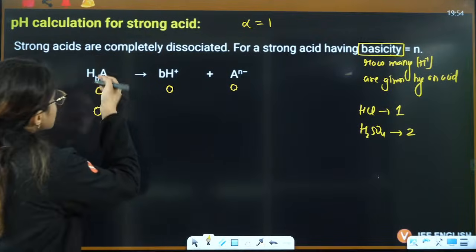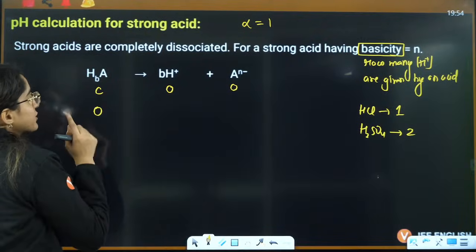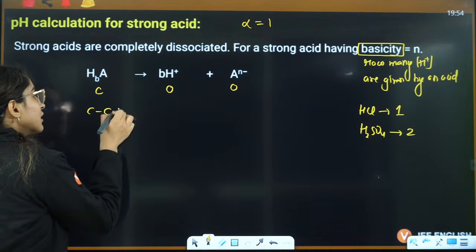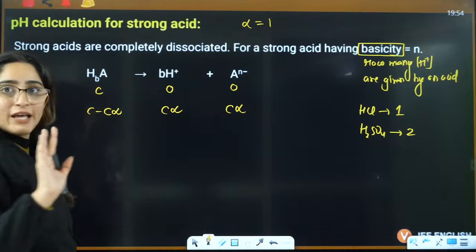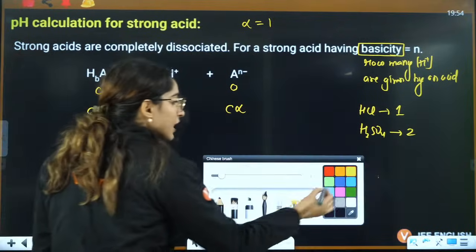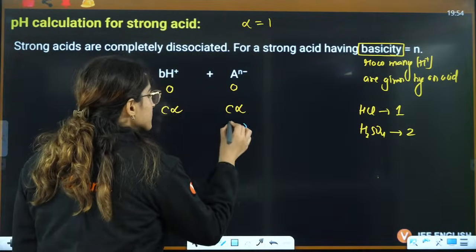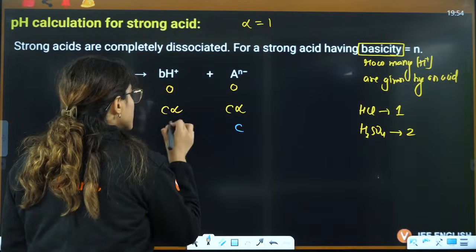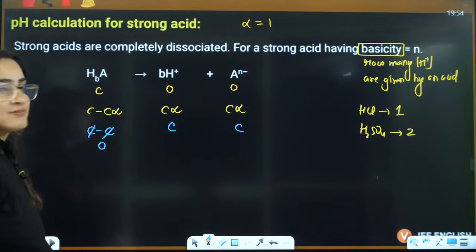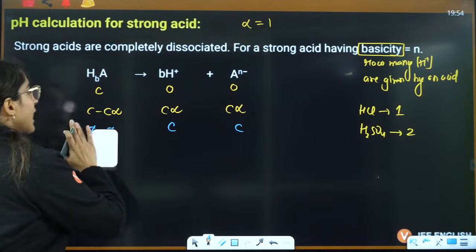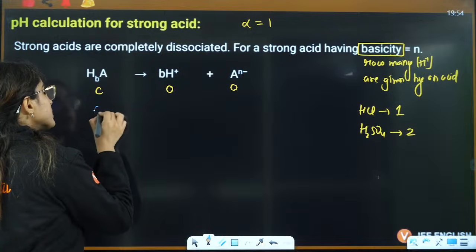So if you see, all of this is completed. So it is C minus C alpha only. This is also C alpha, this is also C alpha. Let me make it very easy for you. But here alpha is equal to 1. So this will become C, this will become C minus C, that will become 0. That's why I have directly written it, because all of this will be consumed.